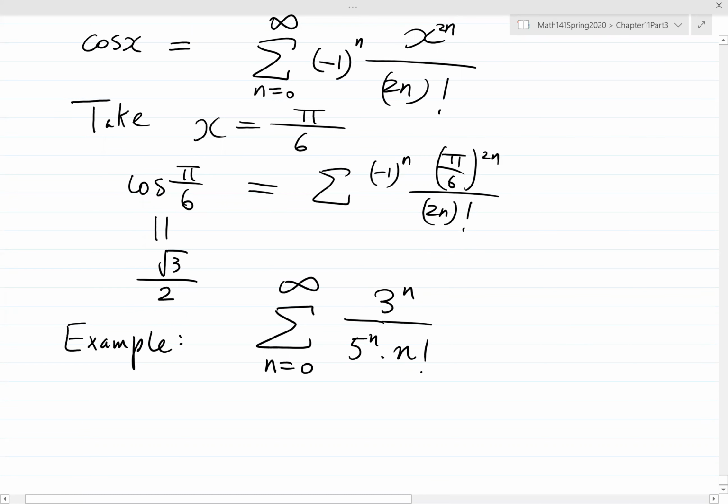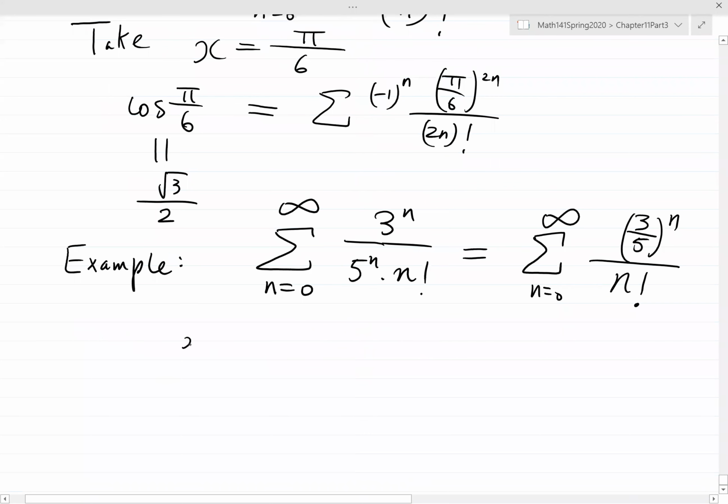Once we have n factorial, you can write it in this form: 3 to the power n over 5 to the power n, then you write 3 over 5 to the power n over n factorial, n from 0 to infinity. Remember, we have e to the x is the sum of x to the power n over n factorial, n from 0 to infinity.